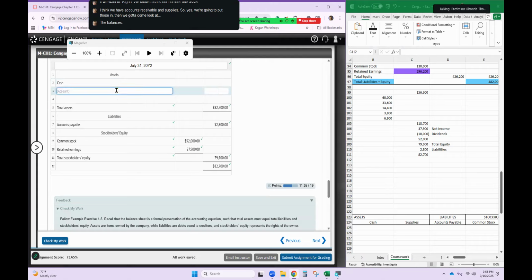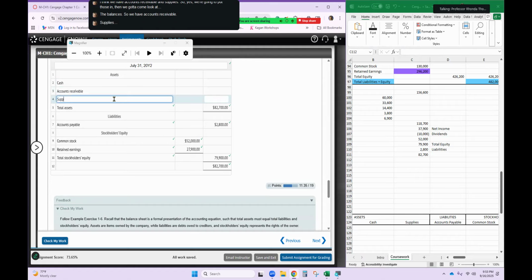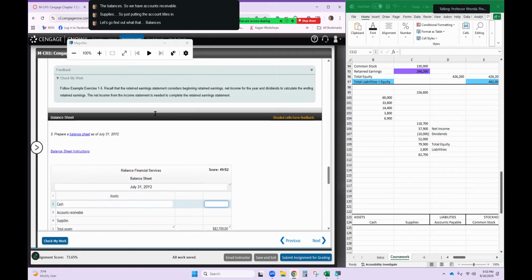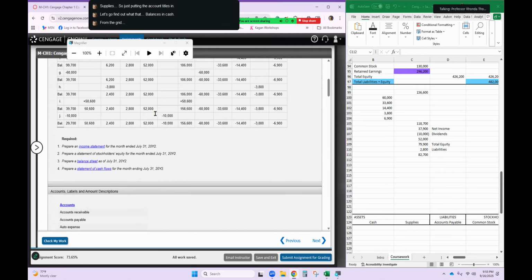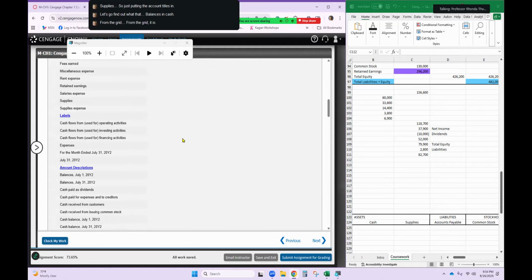So we have accounts receivable, supplies. So just putting the account titles in. Let's go find out what that balance is in cash from the grid. From the grid, it is 29,700.